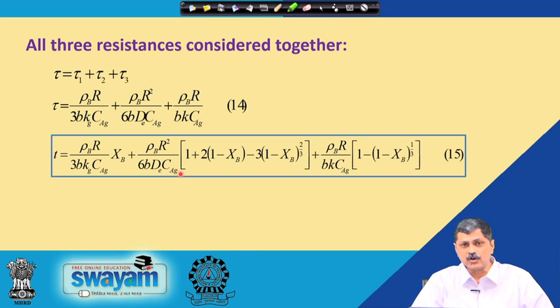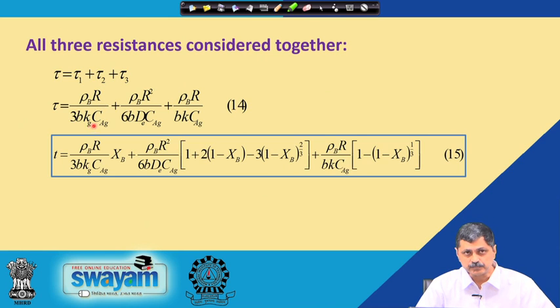So far we have considered 3 individual cases controlling the reaction. If all 3 resistances are considered simultaneously, then tau, that is the reaction completion time, will be the summation of the 3 individual reaction completion times. So, tau is equal to tau 1 plus tau 2 plus tau 3.